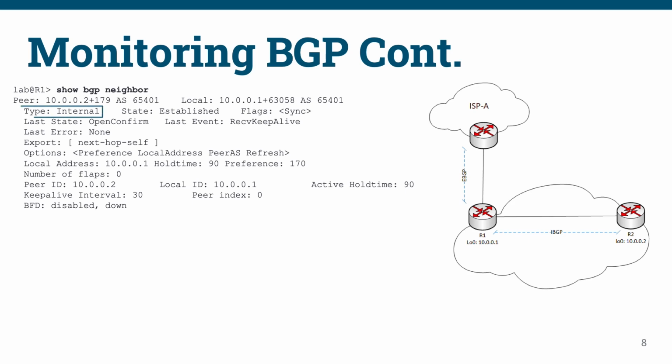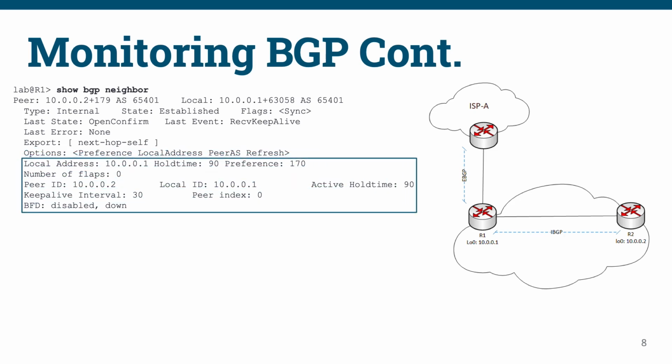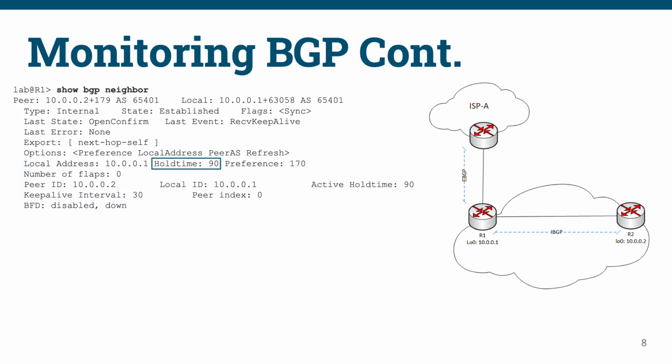We see the type of BGP session, state of the session, and whether any export policies are in place which affect this peer. We also have the options available for this peer, and some other useful information below not seen in the summary output, like the hold time and keep alive interval, and the status of BFD.